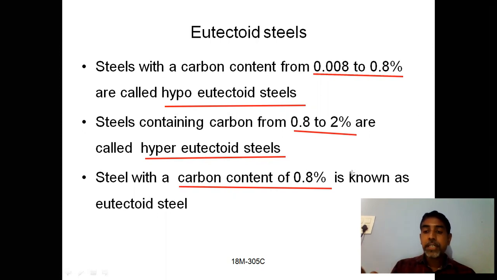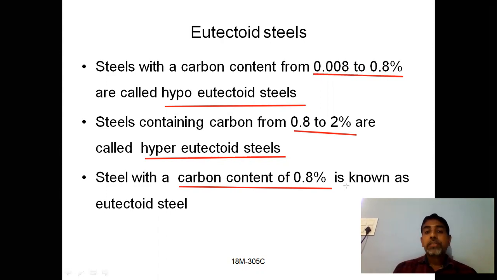So eutectoid steels, hypoeutectoid steels, hypereutectoid steels. At 0.8% carbon, eutectoid steel. If it is less than 0.8%, that means 0.008 up to 0.8, then we call them hypoeutectoid steels. If it is more than 0.8% and up to 2%, then we call them hypereutectoid steels.